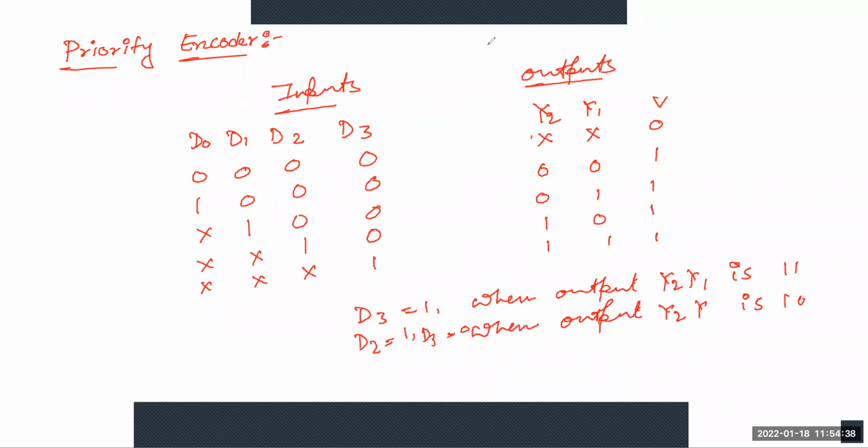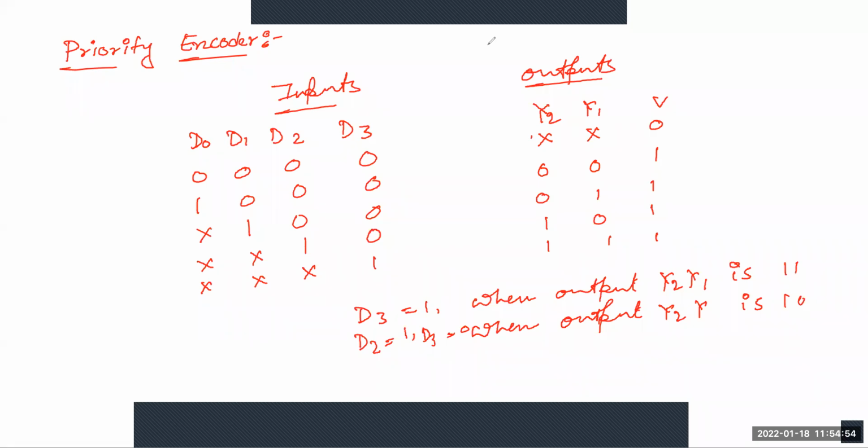That's why for the first row, 0 0 0 0, V is indicating 0, but in the rest of the 3 cases there is a 1 somewhere, so V indicates 1.